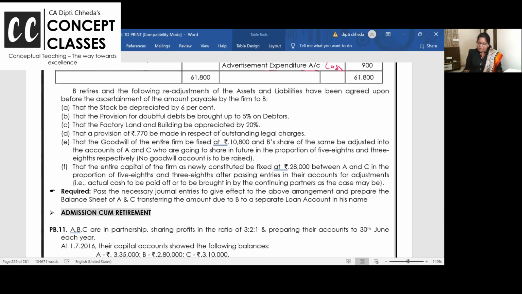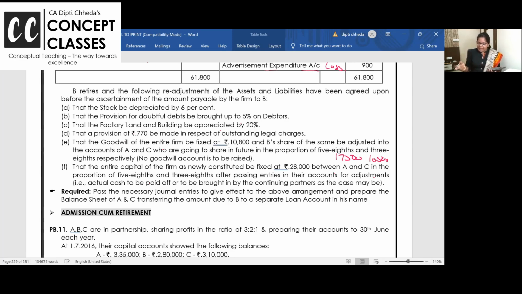The entire capital of the firm is newly constituted at 28,000 between A and C in the proportion. A and C's capital should be 28,000, so 28,000 into 5/8, that is 17,500, and 10,500.